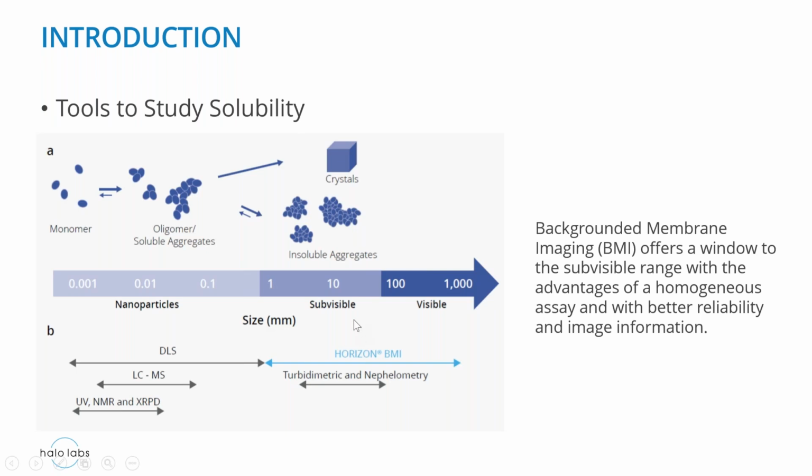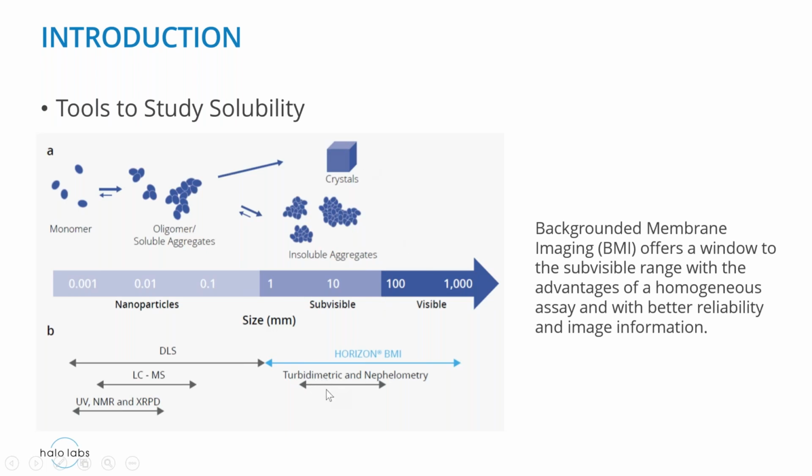The subvisible is that part where a solution is clear but might still have aggregates, and it's very easy using just microscopy and backgrounded microscopy to look at these aggregates and characterize them. You can immediately tell amorphous precipitates from crystalline precipitates, and this is a throughput way to get information before you go to the more sensitive molecular devices, right? So this is the part that is missing right now in the equation.